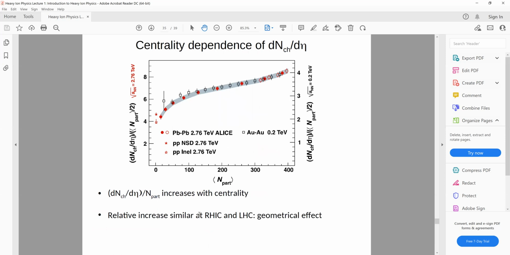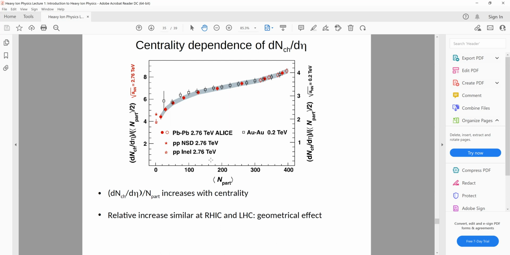So, just as we have calculated the beam energy dependence of charged particle multiplicity, similarly we can calculate the centrality dependence of dN/dη, how this depends on the centrality of the collision. And there are the numbers for both the 2.76 TeV lead collisions, which are from the ALICE experiment, and 200 GeV gold collisions, which are from RHIC.